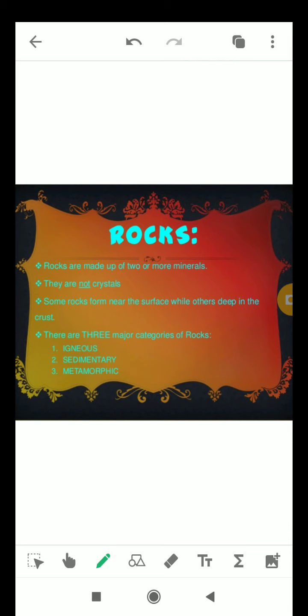The main constituents of rocks are minerals. We can take an example like granite. Granite is made of crystals of several minerals, of which mica and quartz are the main ones. So this is all about rocks.